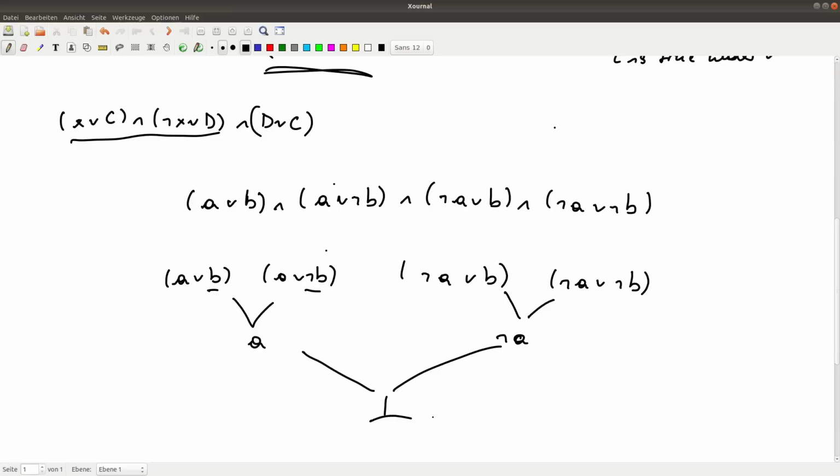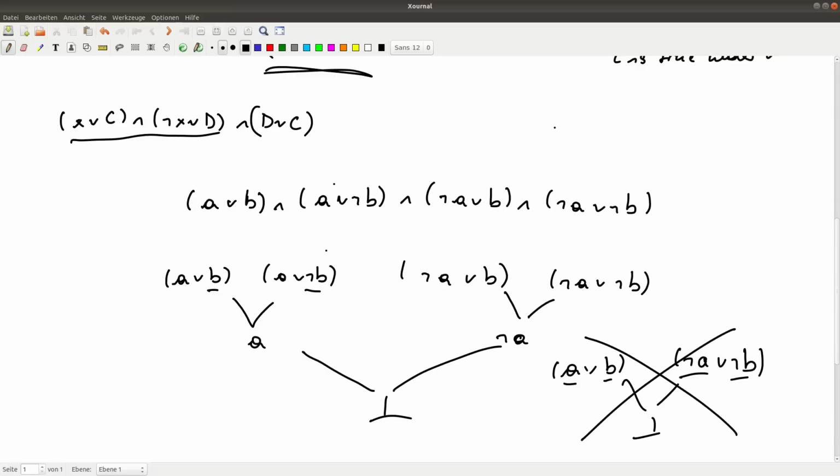Yeah. What I often see is that people do the following. They say, oh, okay, we have A or B here, and we have not A or not B, and they say A is a pivot and B is also a pivot at the same time, and then we immediately derive bottom. But this is not correct.